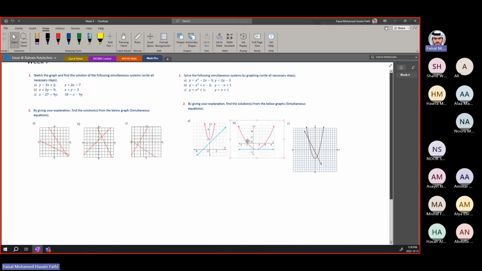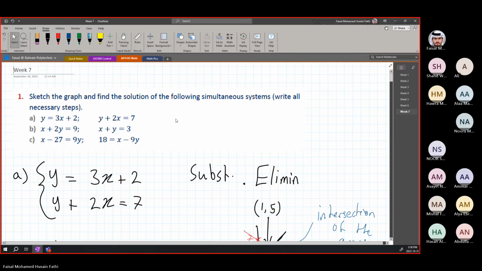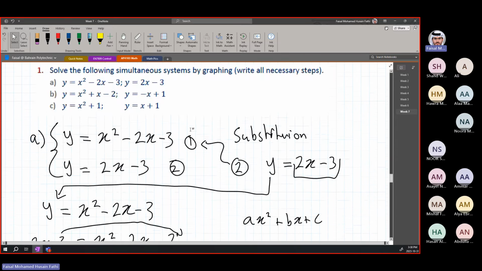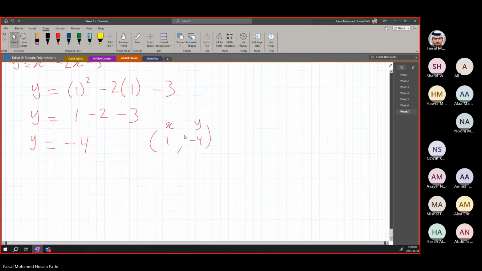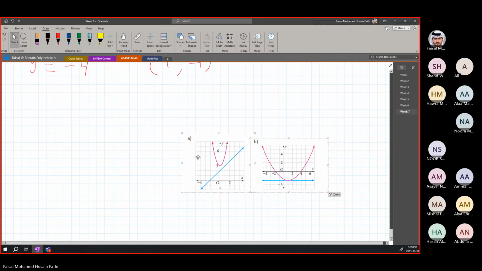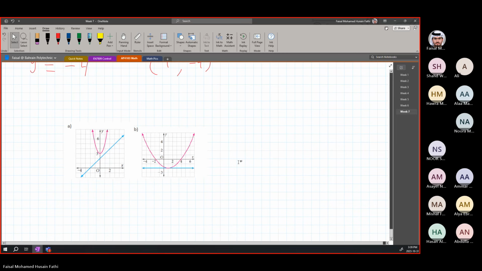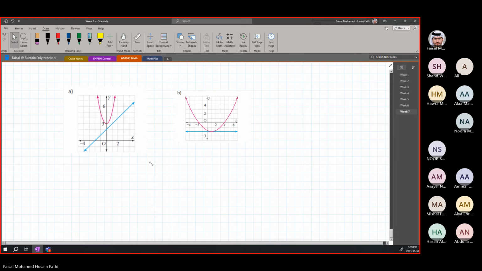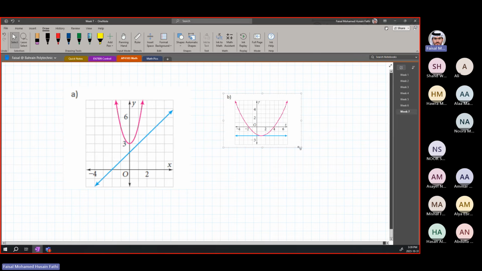Here in this graph, let's take this as an example. Let's take these two. We have these two graphs.